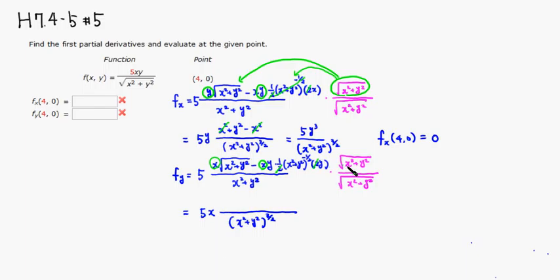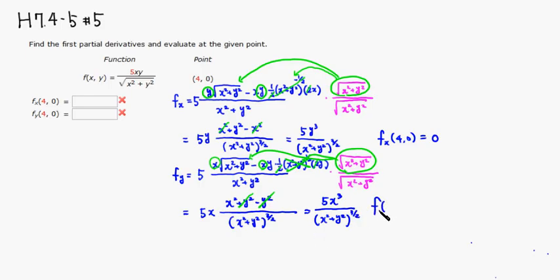Then if you distribute this to itself there, you get x squared plus y squared, and this cancels with that, so you're going to have minus y squared. So you can cancel those. So we end up getting 5x cubed over the quantity x squared plus y squared to the 3/2 power.